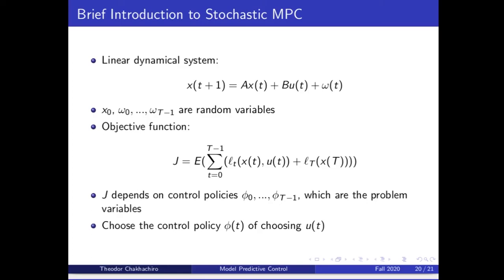Here I'm just going to discuss a brief introduction to stochastic MPC. Our dynamic system is also linear, but here we are adding a new term, which is omega(t), a disturbance.